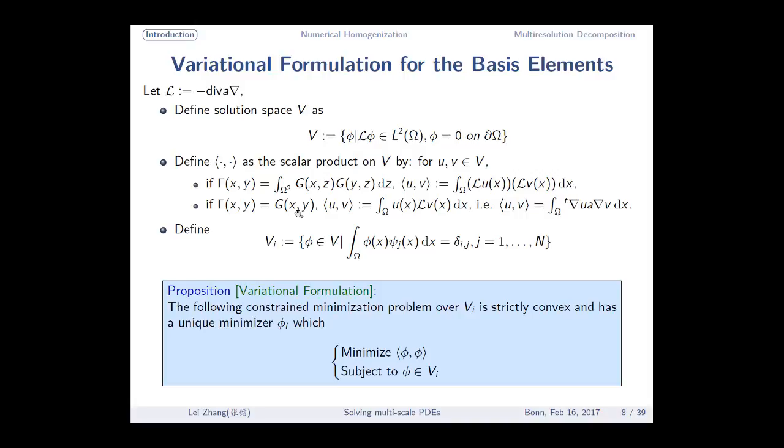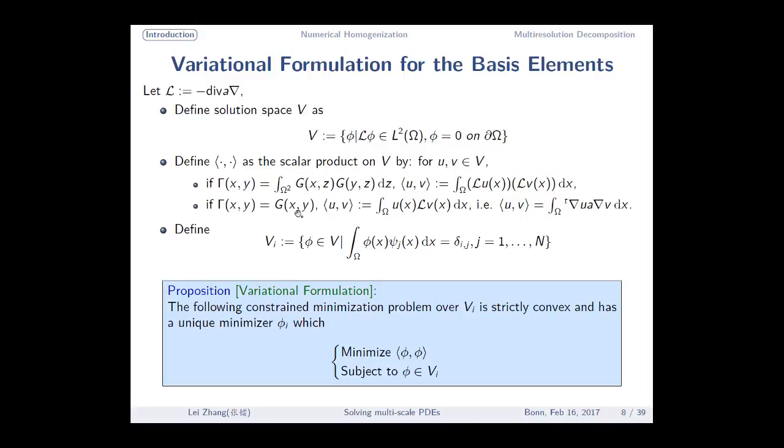Suppose this L is an elliptic operator, and you can define the solution space. The solution space is something like this: the right-hand side belongs to L2, and you can also define the scalar product. It depends on which covariance functions you choose; you have different scalar products.